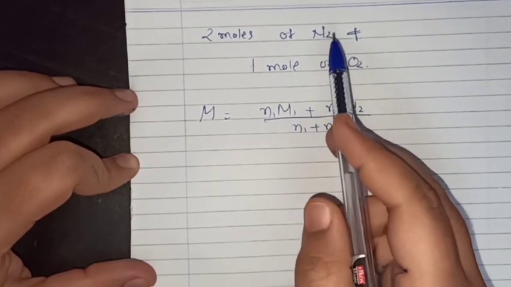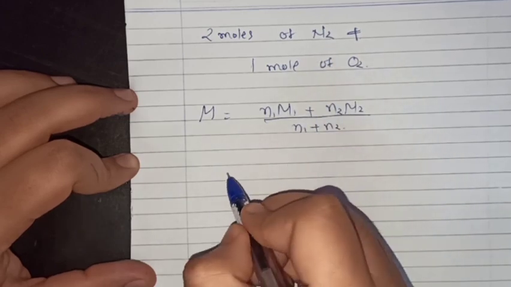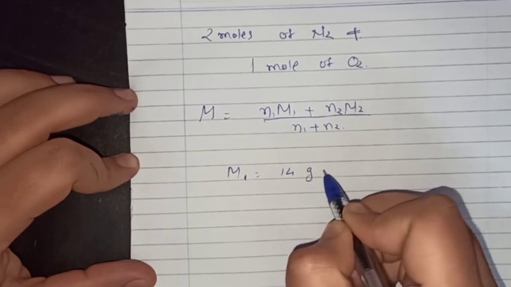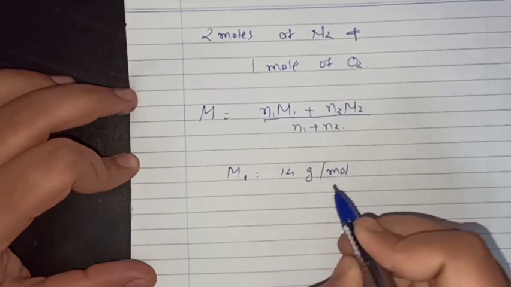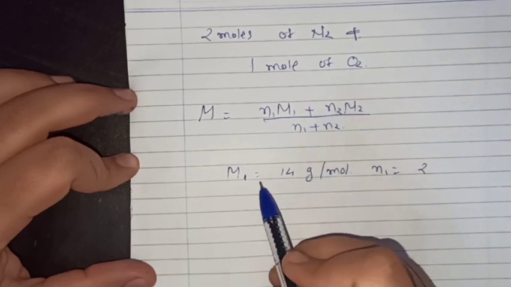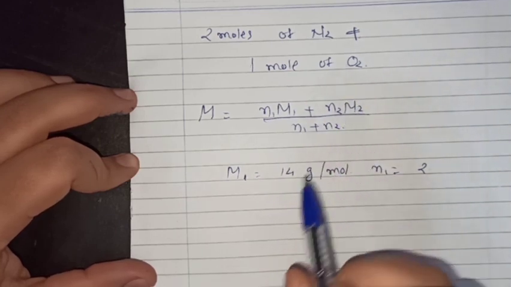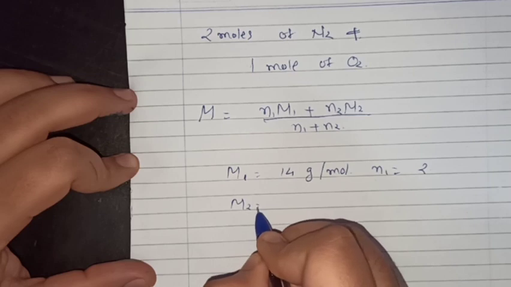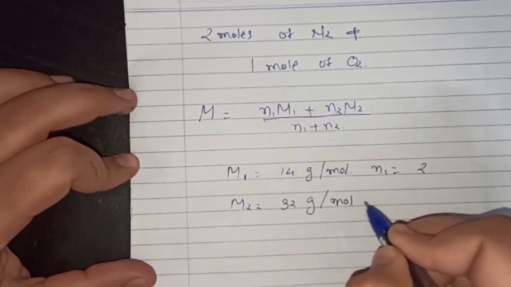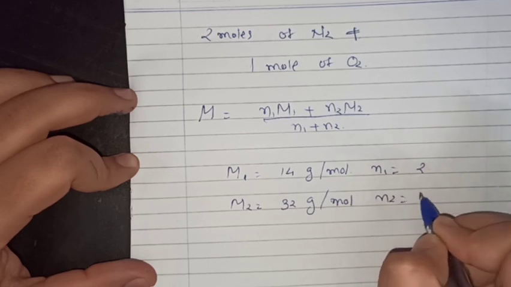The first gas is nitrogen. The molecular mass of nitrogen is 14 gram per mole and N1 is 2 moles. Here the molecular mass of oxygen M2 is approximately 32 gram per mole and N2 is given as 1 mole.